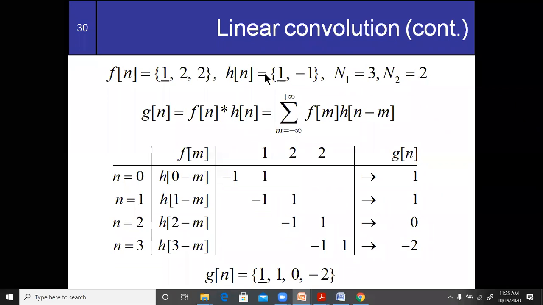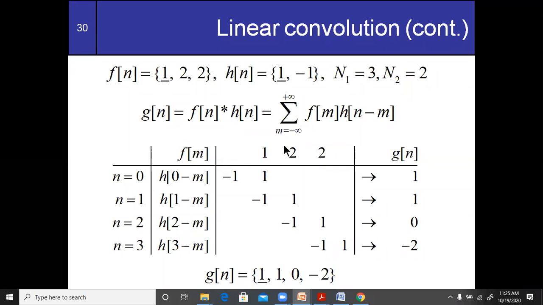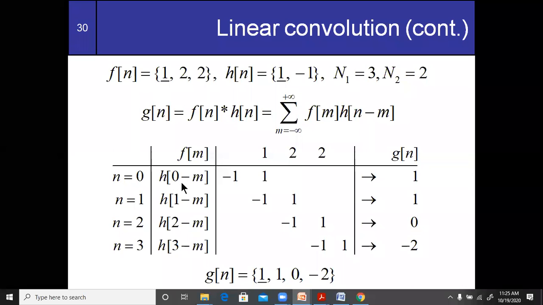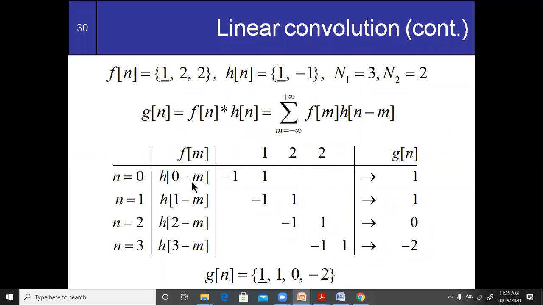This is h of 0, and this is h of 1, right? So therefore f of 0 is written here, f of 1 is written here, f of 2 is written over here. Now when n is equal to 0, we will have h of 0 minus m. Okay, so when we talk about 0 minus m, we will have h of minus m.